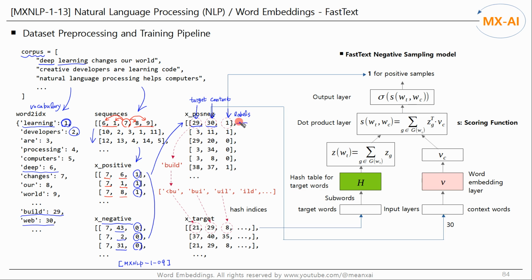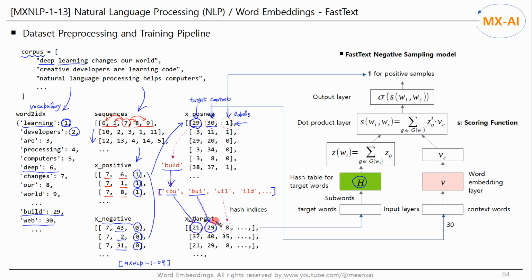Now let's feed the first training example into the model. The target word first needs to be decomposed into subwords. Decomposing the word build into character n-grams gives us the following subwords. Each subword is mapped to a row index in the hash table. The first subword maps to row 21, and the second subword maps to row 29.